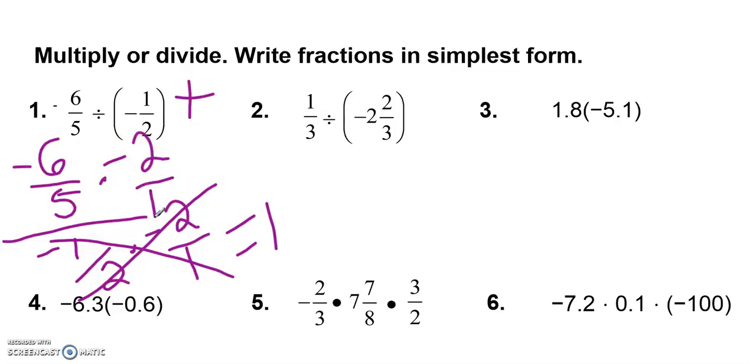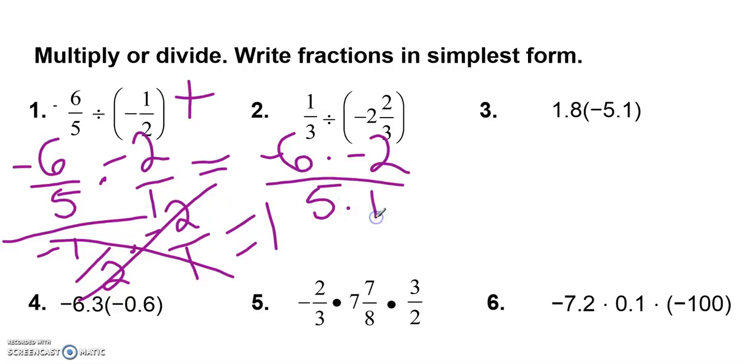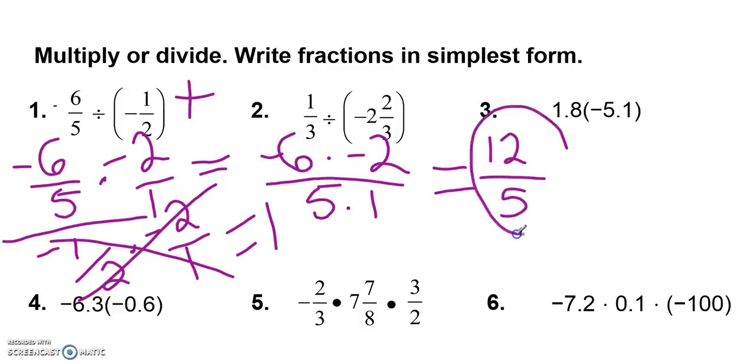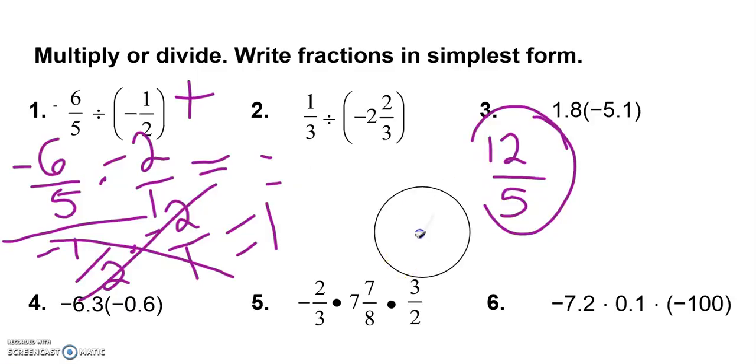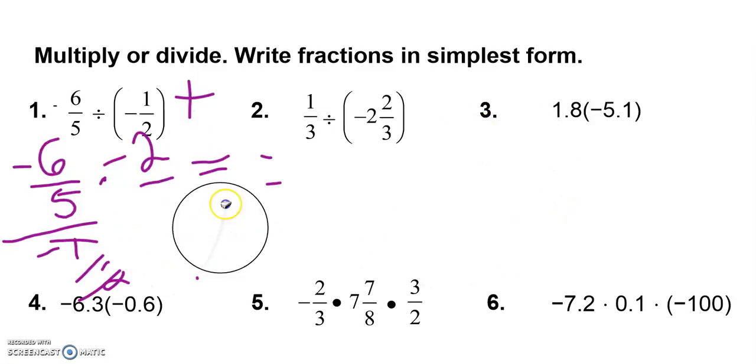And so we get -6 times -2/5 times 1, and that gives us -6 times -2 is 12, and 5 times 1 is 5. And this is our answer, and it is positive, so we did something right along the way. And I'm just going to erase that so we can move on to another problem.